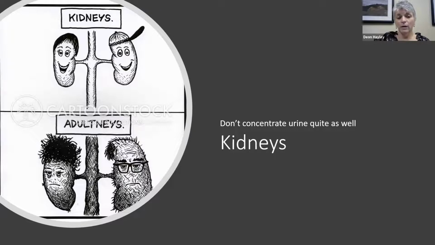But as we get older, our kidneys are not concentrating urine so well. So most of us, when we get older, have to go to the bathroom every few hours. And so that, of course, impacts our life. But that's normal, that our kidneys are not working quite as well in the concentration department.